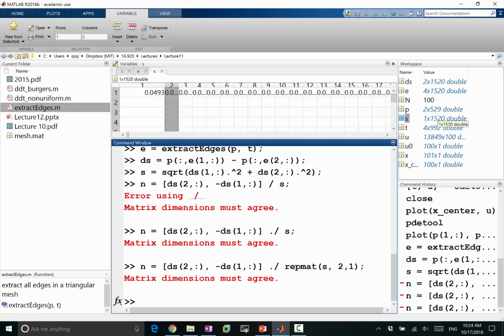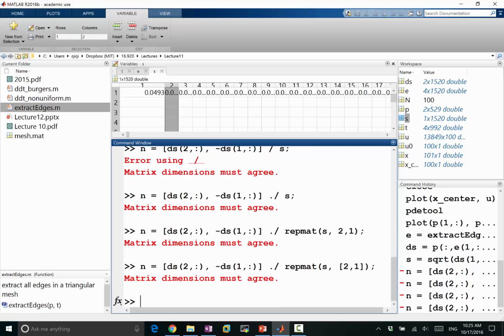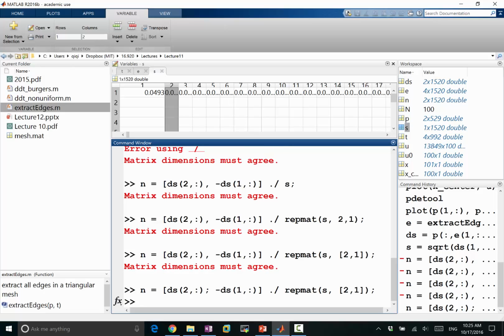S is this by this, so if I replicate it, it should be a semicolon, yes. That gives me the normals of all the interfaces, right? Does that make sense? It's all from geometric manipulations of the mesh.